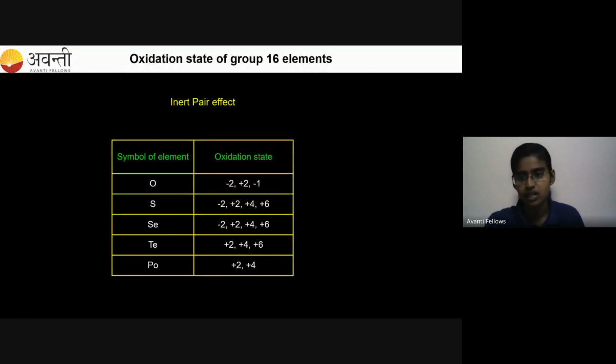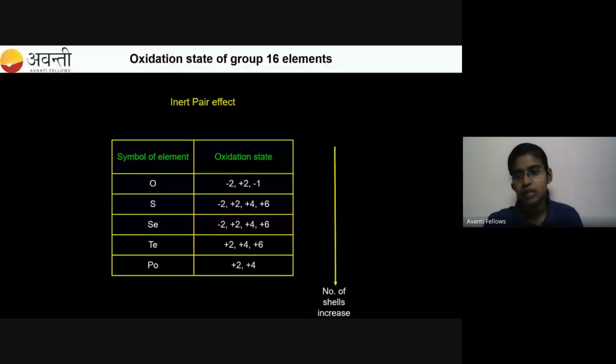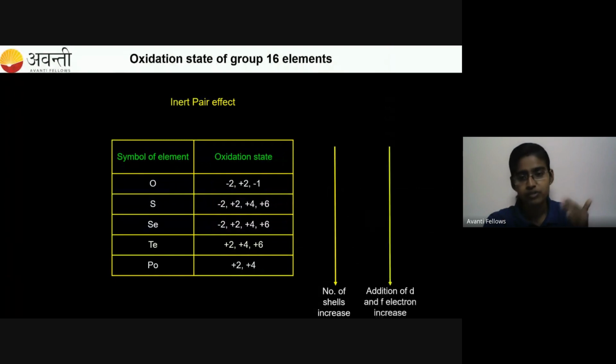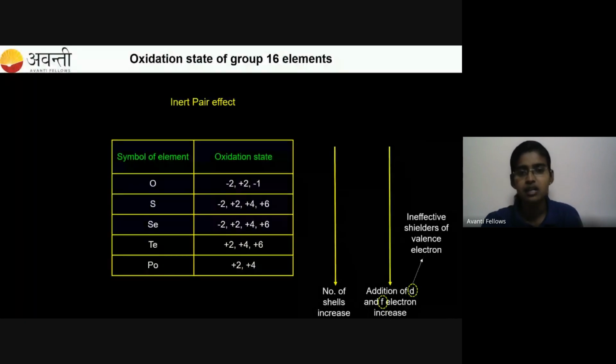So the shell number increases and the addition of d and f electrons increases for selenium, tellurium and polonium. But these d and f electrons don't shield the outer electrons properly. They are very poor shielders of valence electrons. They will not shield the valence electrons properly from the nucleus.